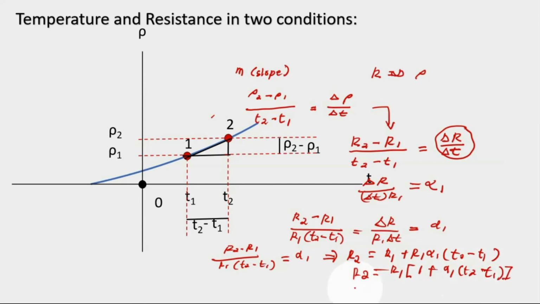So this will be our relationship. If you want to get the value of your resistance at condition 2, knowing your resistance R1 and the temperatures at condition 1 and condition 2, where this is a subtraction, and you have the value of the temperature coefficient of that material, then you can solve for the resistance at condition 2.